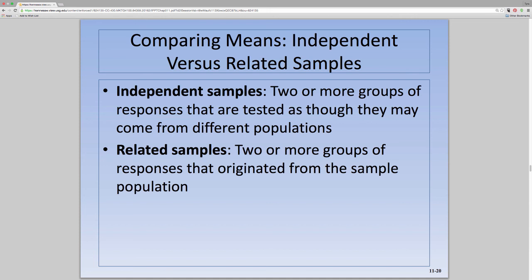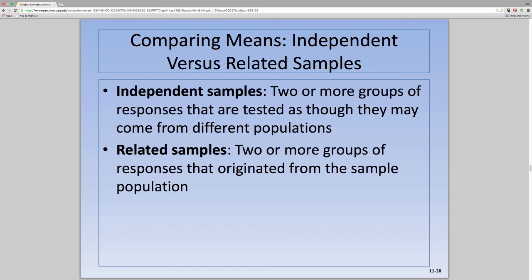Related samples are where two or more groups of responses originate from the same sample population. You could also compare the average number of cups of coffee consumed per day by male students with the average number of soft drinks consumed per day by the same sample of male students. So you're looking at the same sample, same population with related. With independent, they're two different populations.